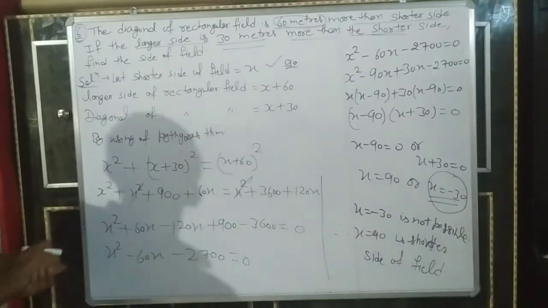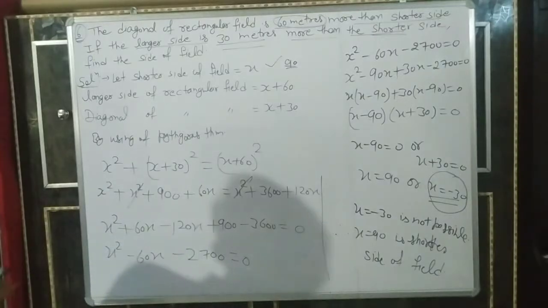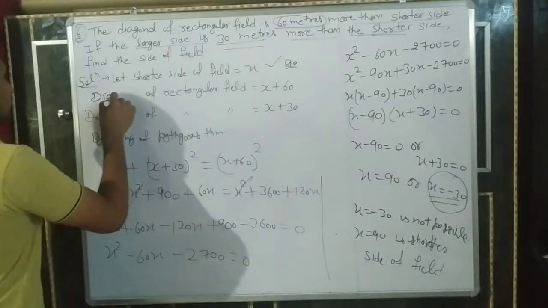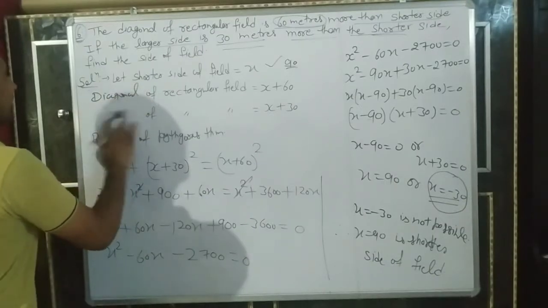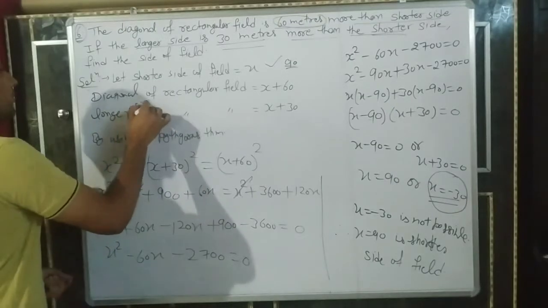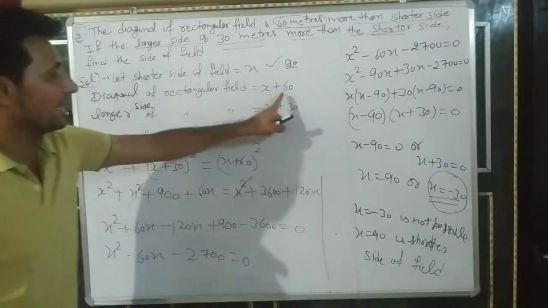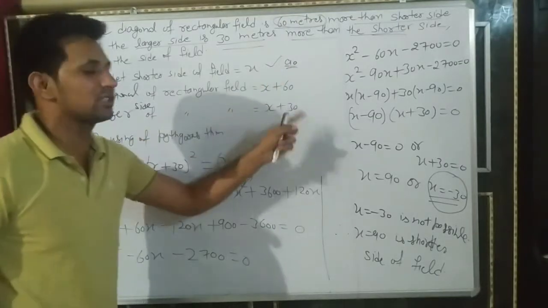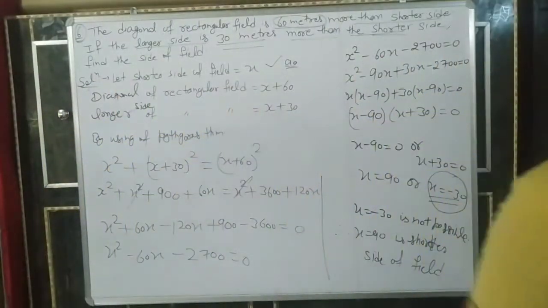Sorry dear, I think we made a mistake. You will write diagonal here; it is the diagonal and it is the longer side. Understand? So the diagonal is 90 plus 60, 150, and the longer side is 90 plus 30, 120. So that is your answer. Please note it down.